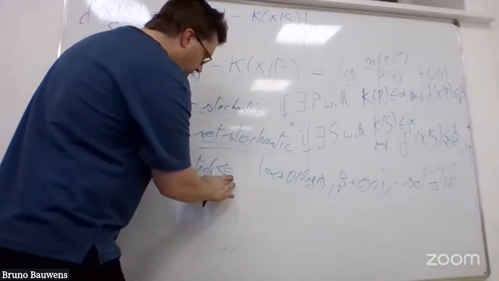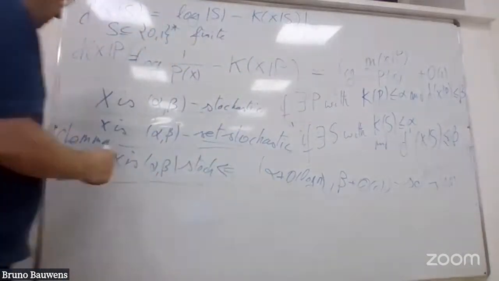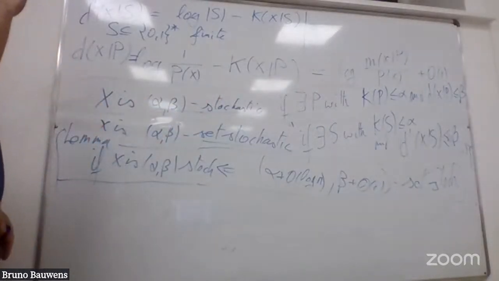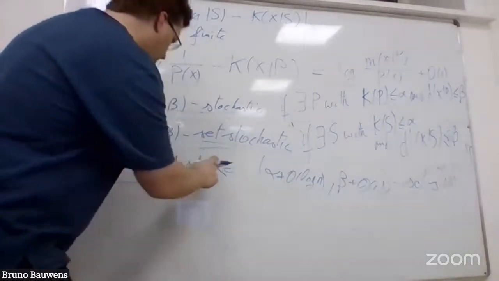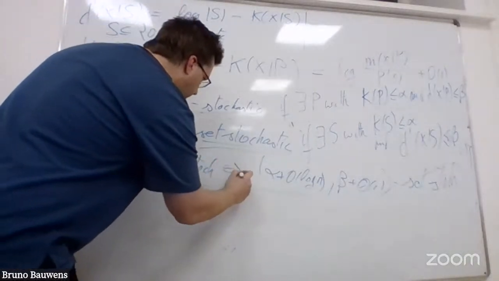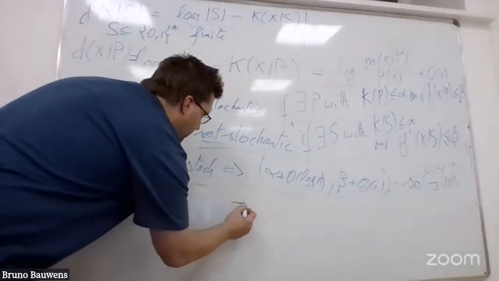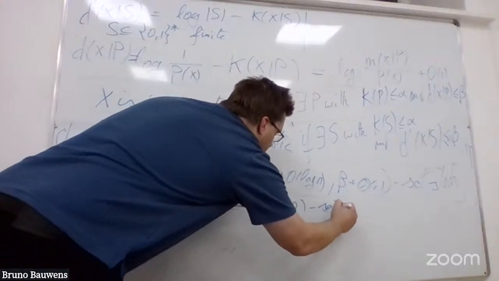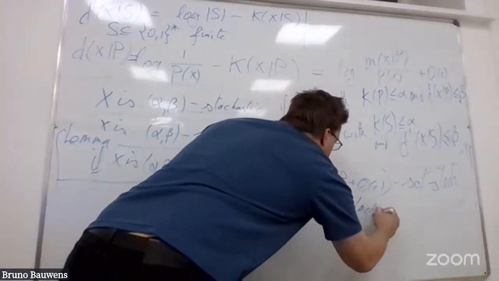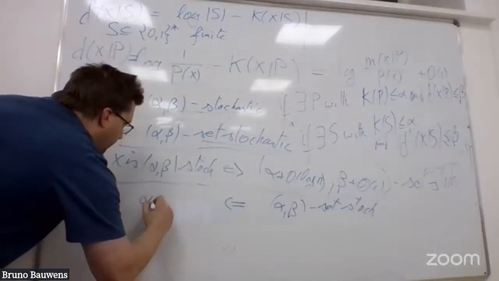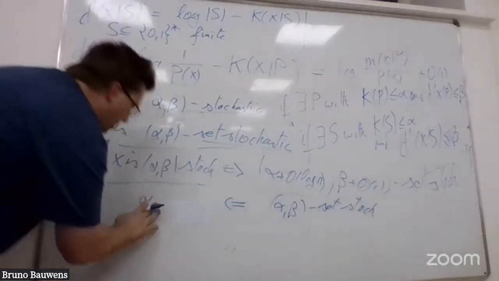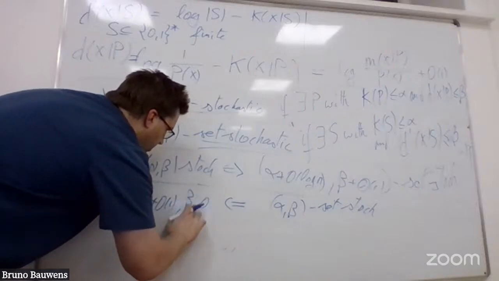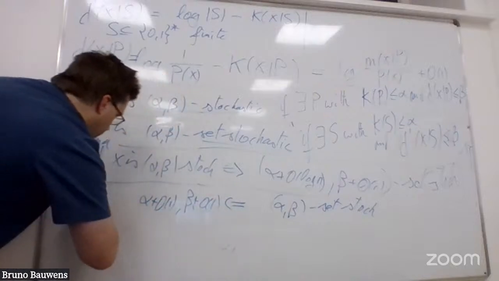So the first direction is this one, and the second direction: if it's alpha-beta set stochastic, then it is alpha plus O of 1, beta plus O of 1 stochastic.